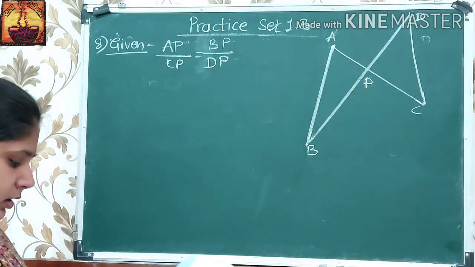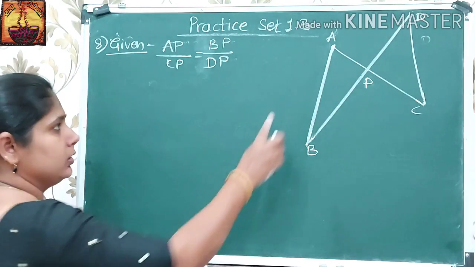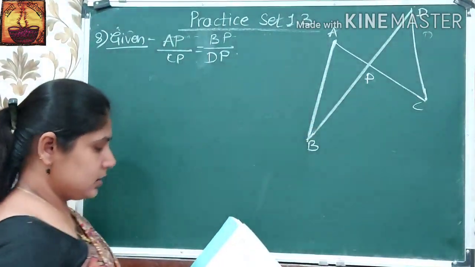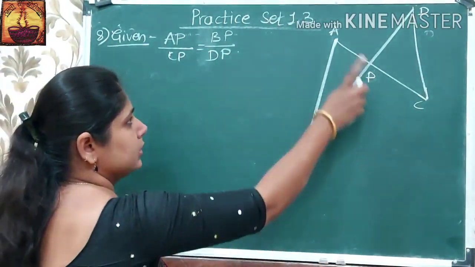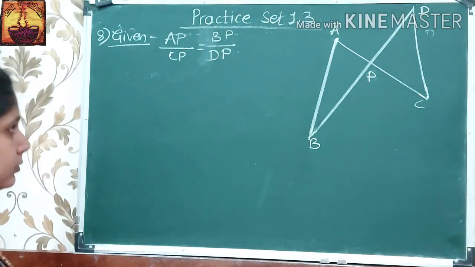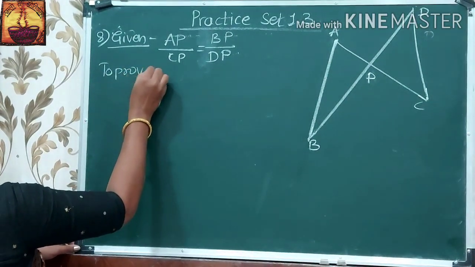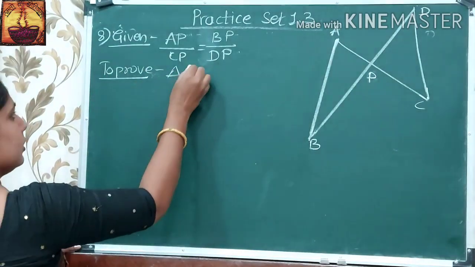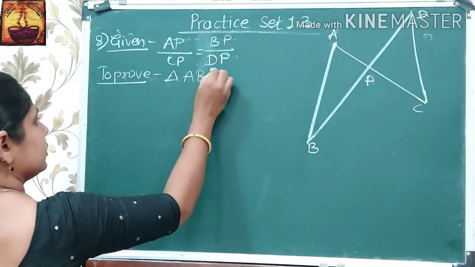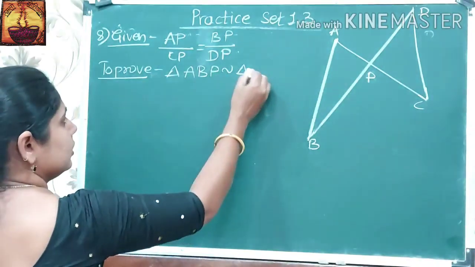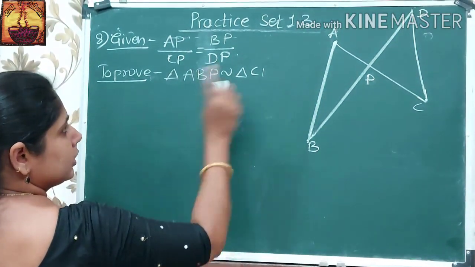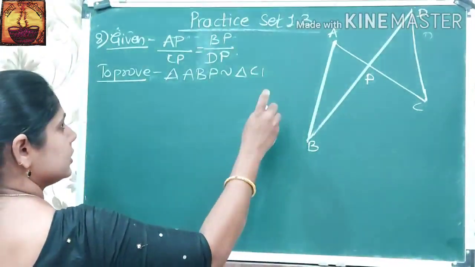Then prove that triangle ABP is similar to triangle CDP. Therefore, write here to prove triangle ABP similar to triangle CDP.